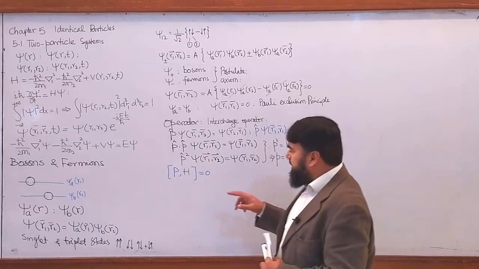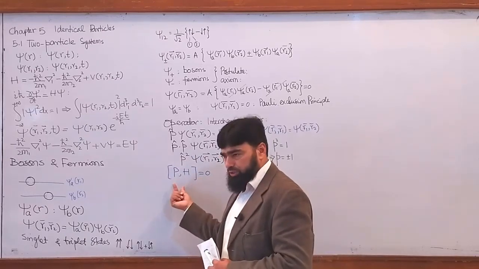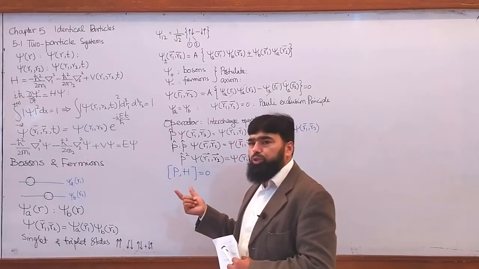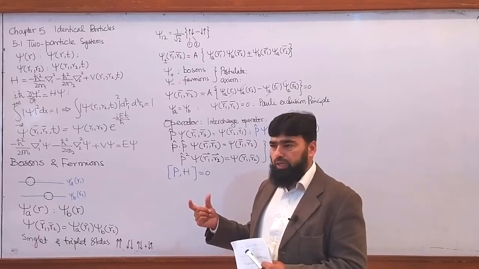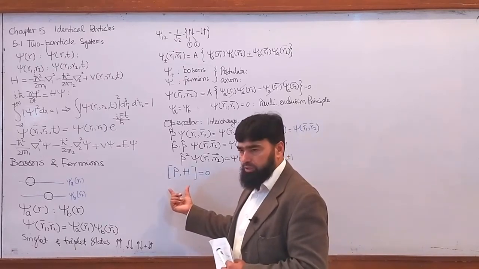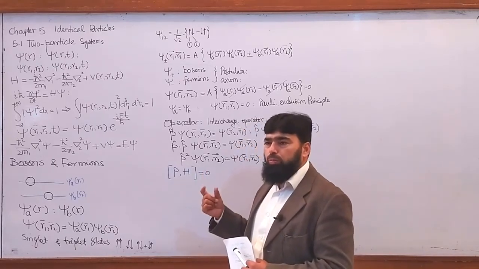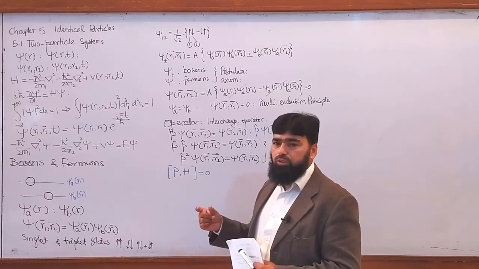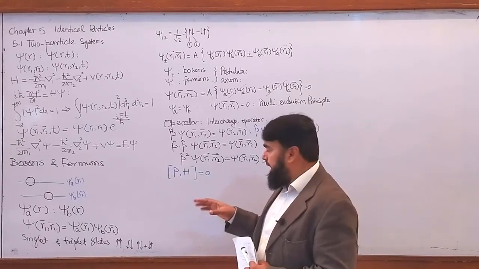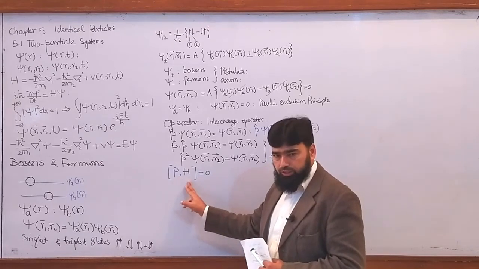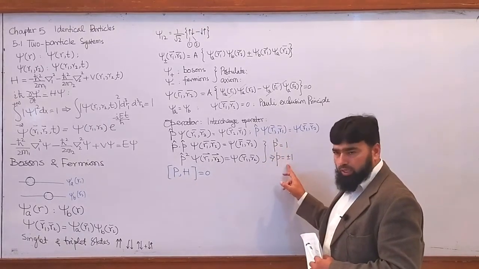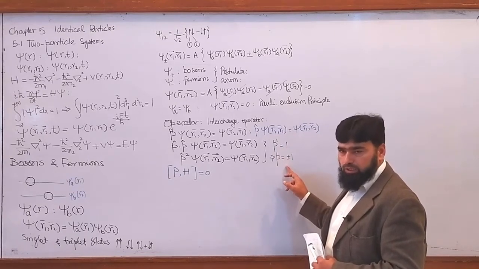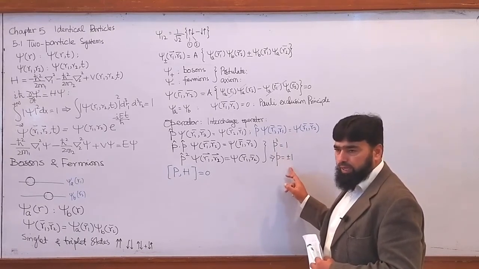Now, what is meant by commutation? When two operators commute, those two operators will have the same set of eigenstates. Their eigenvalues will be different. Here the eigenvalue of P is plus 1 or minus 1.